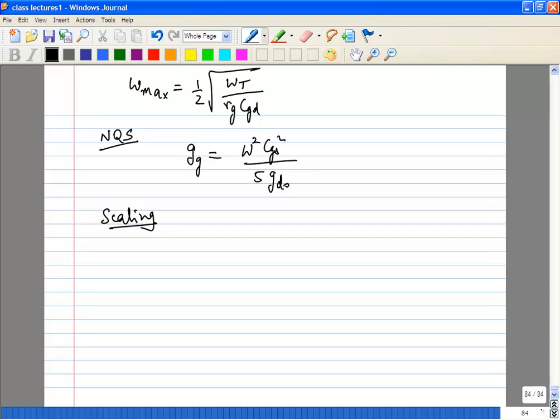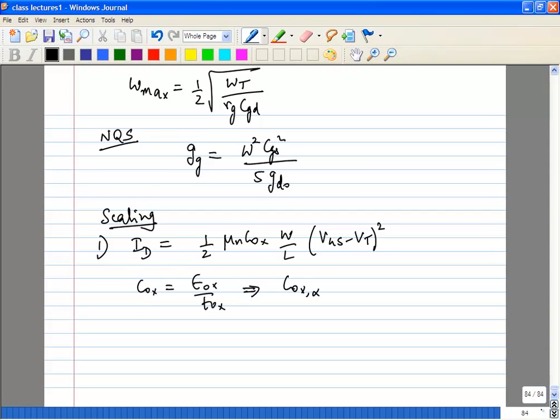Let's look at what happens to the different parameters of the device. I have a number of things, I'll put them up in the notes, but we'll look at the important things in class. What happens to the current? That is your original device. First of all, Cox is epsilon naught over Tox.